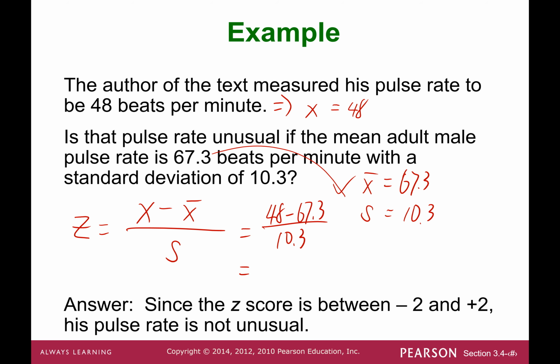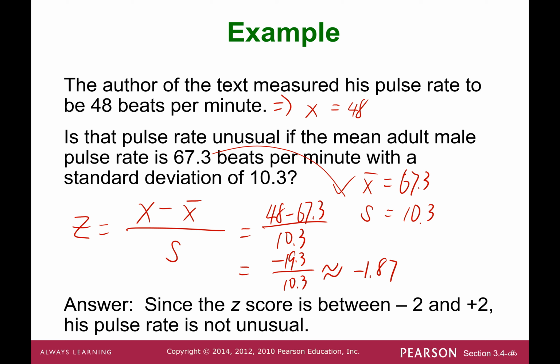Let's see what that is. 48 minus 67.3, divided by 10.3, turns out to be approximately negative 1.87. Negative 19.3 over 10.3 is approximately negative 1.87.